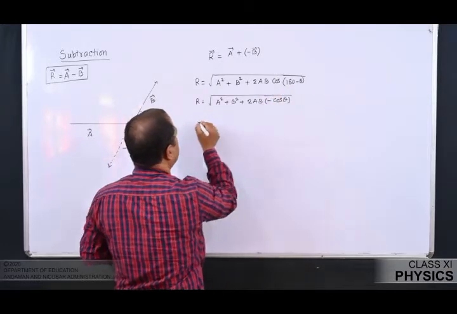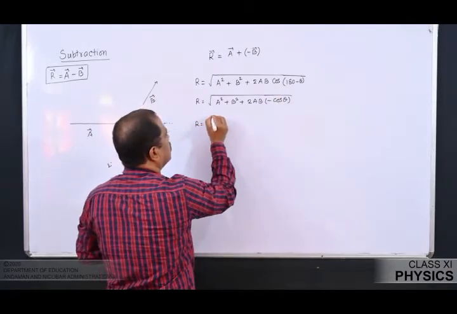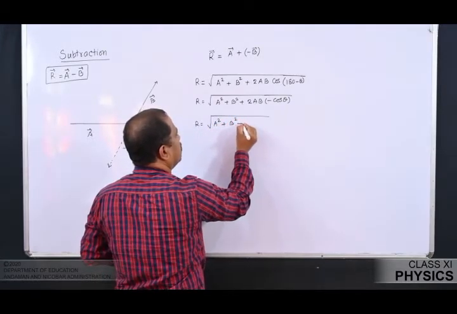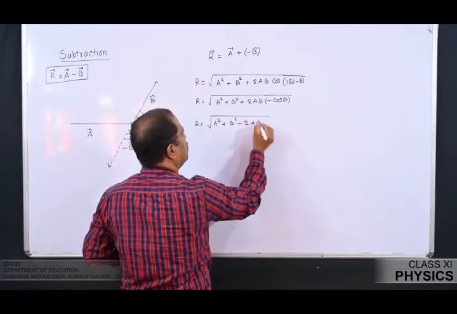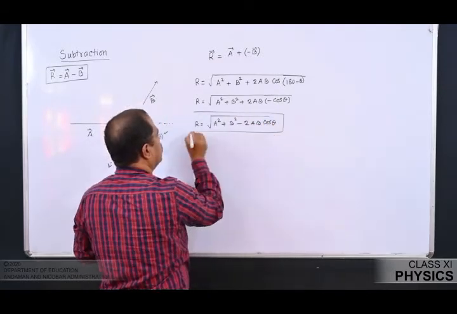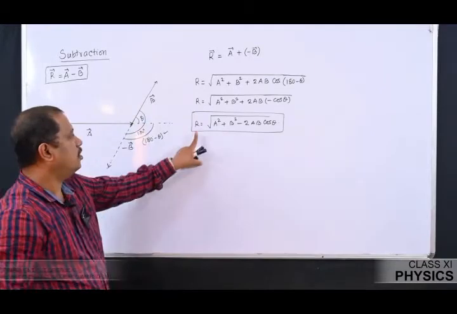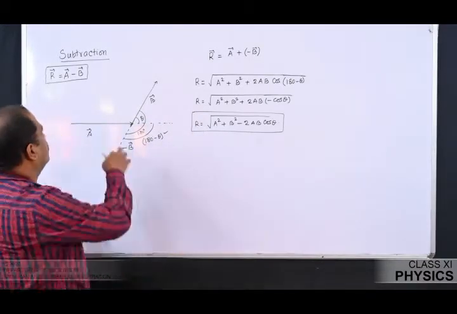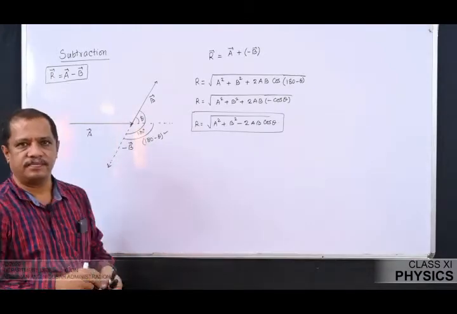Or I can rewrite this expression as R is equal to root of A square plus B square minus 2AB cos theta. Thus I have found the magnitude of the resultant on subtracting vector B from A.